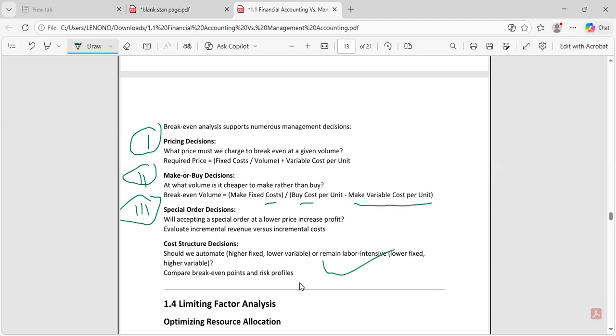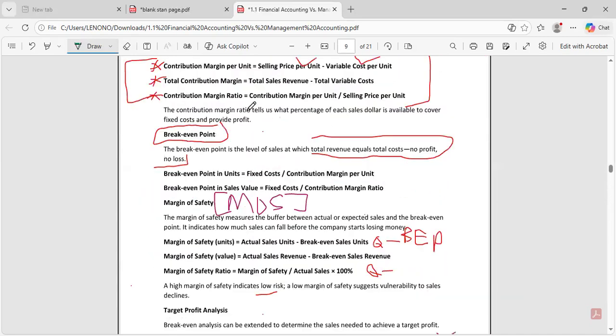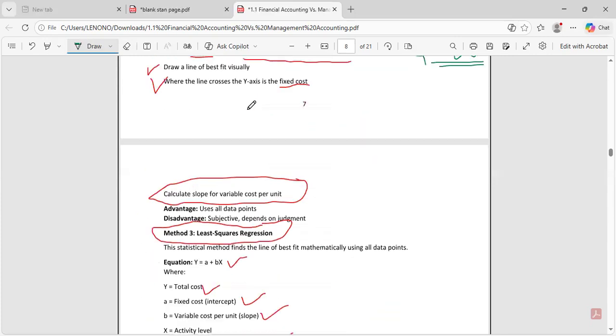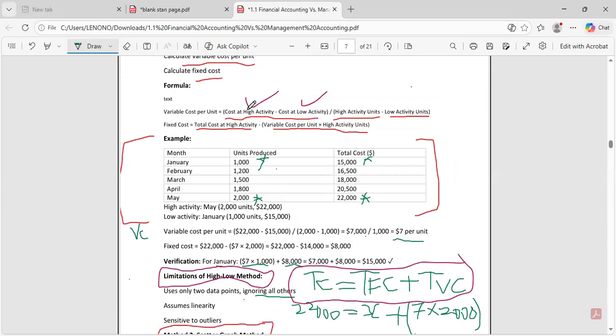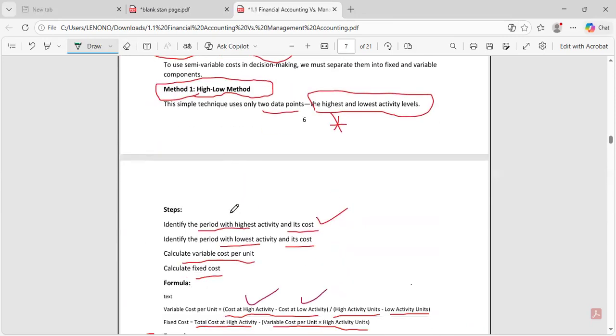This is just now to make a recap on whatever we have done. We've looked at the break-even analysis in this concept with this slide. We have also now looked at how we calculate the high-low method, analyzing semi-variable costs. We are looking at method one, the high-low method, where we looked at how to identify the period with high activity and its cost.